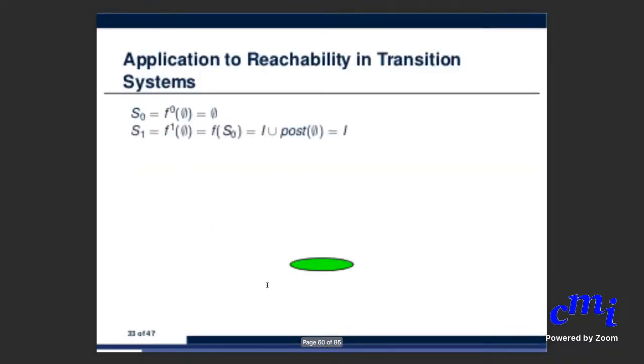And that's what is done here. At the basic core, model checking algorithms, at least symbolic model checking algorithms, do this for invariant properties.